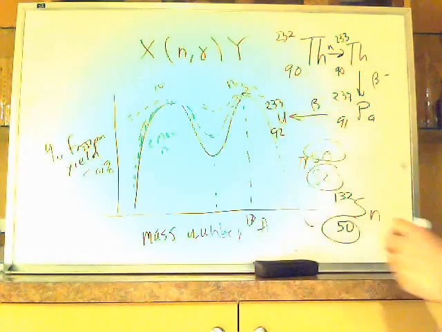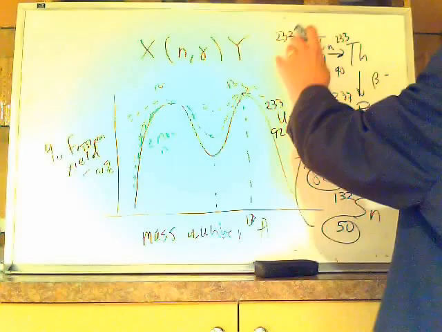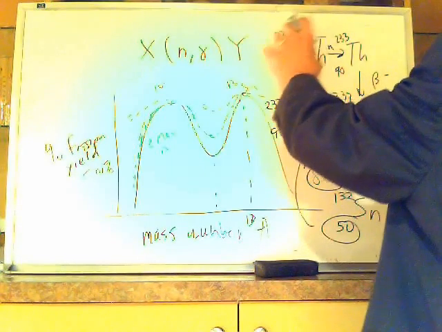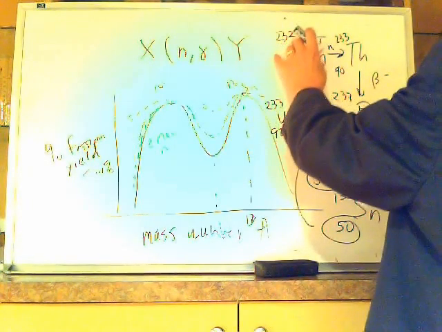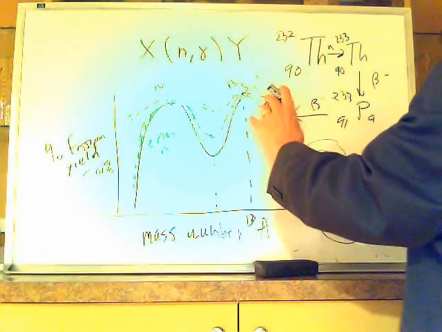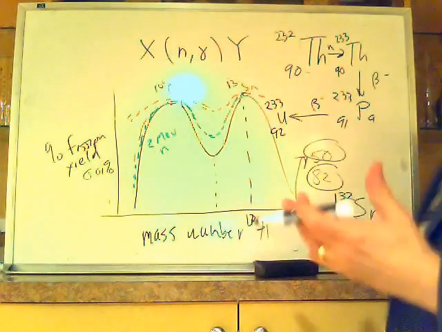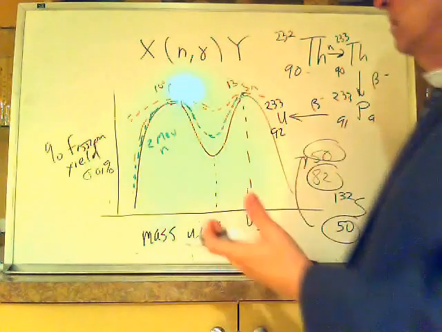So by irradiating with thermal neutrons, we can take thorium, which is a non-fissile isotope, and convert it into something that is fissile, which is uranium-233.